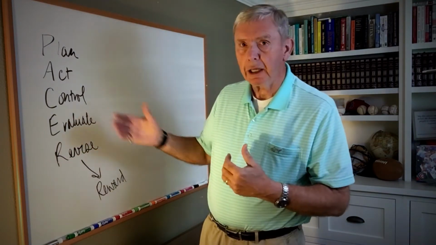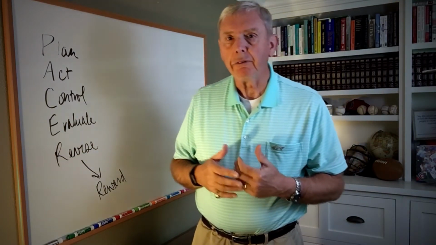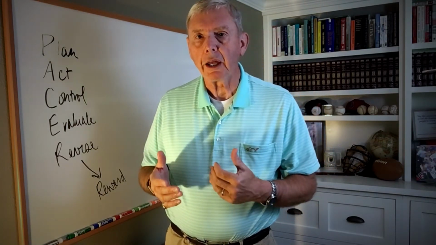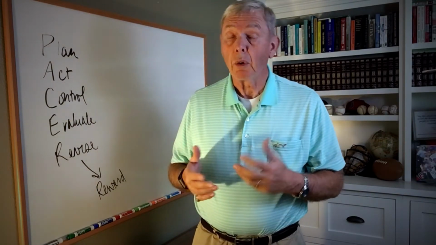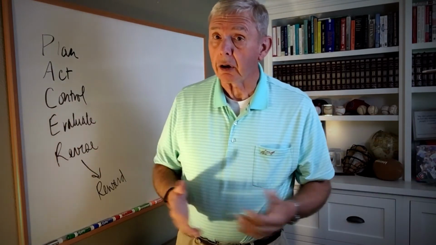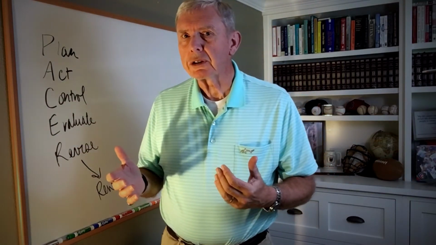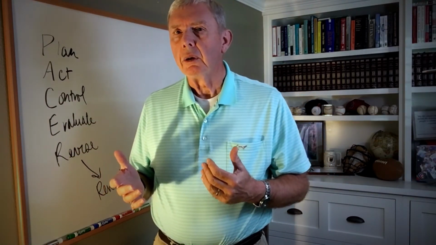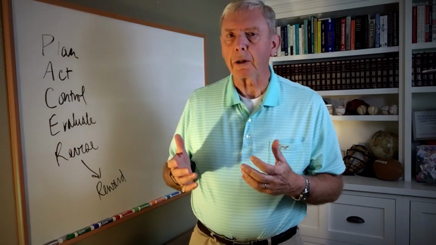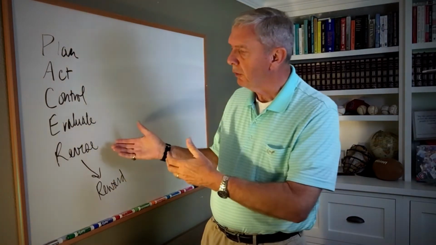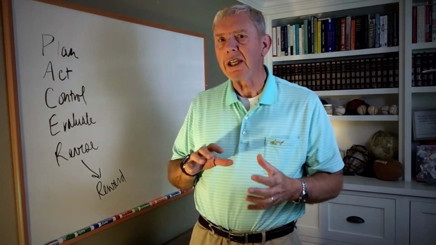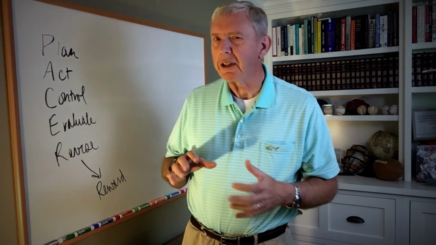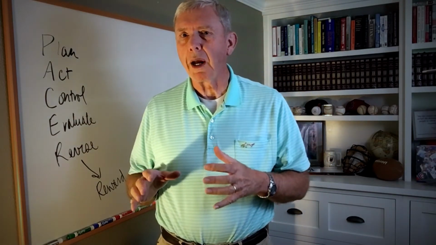Let's go then to the E, that's evaluate. Variances are reviewed and are evaluated with an eye to why the variance occurred. Where were the assumptions of the plan inaccurate? We need to learn that as we go along. Then we go to the revise. Okay, now we see these variances. We see that our assumptions may have not been quite correct.